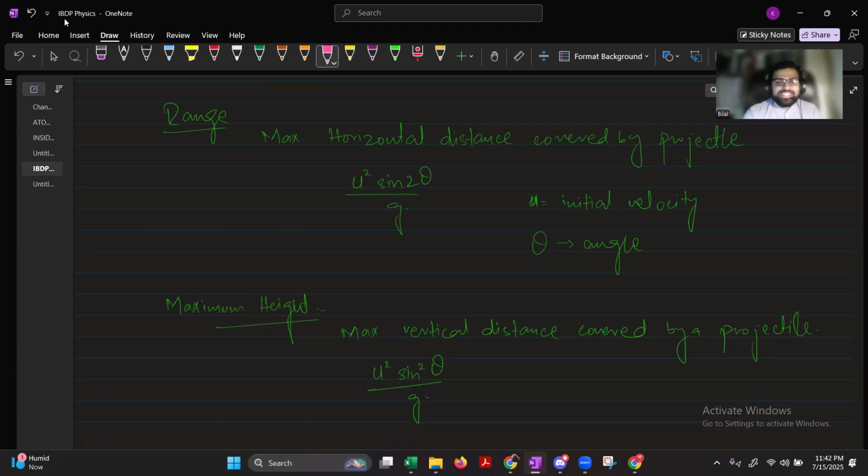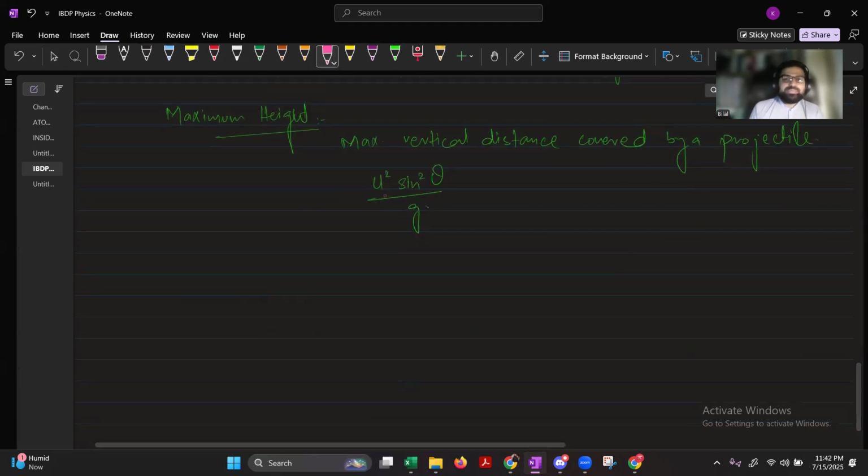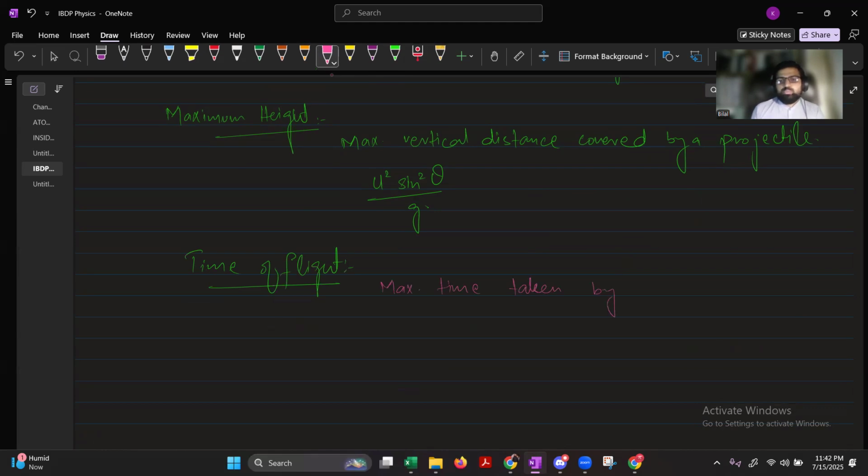Okay. Let's move on to the third parameter, which is time of flight. So time of flight is the maximum time taken by a projectile to complete its motion.